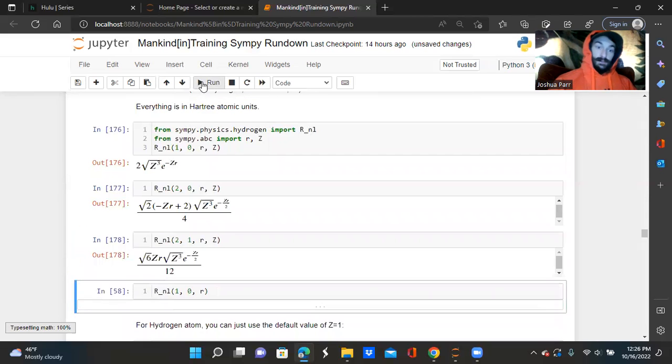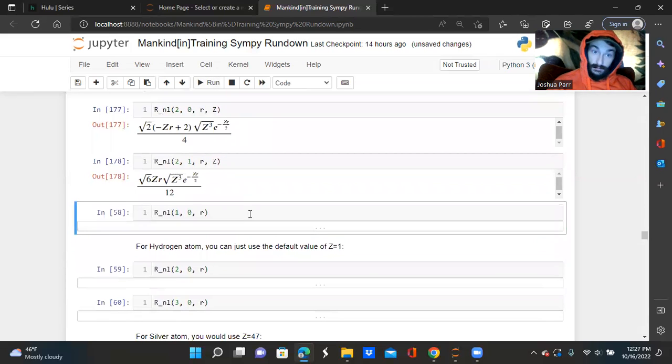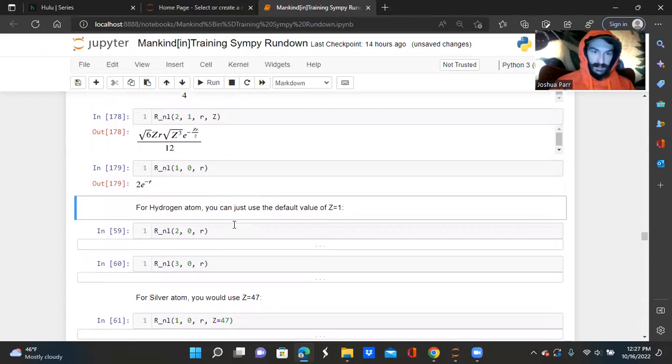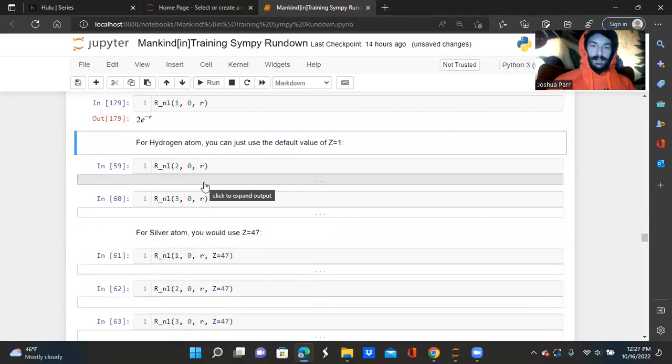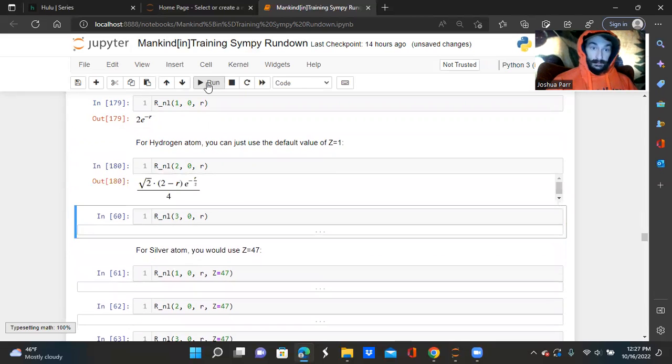If I want 2, 1 position, square root of 6 zr square root of z cubed e to the negative zr over 2 over 12. If I want the 1, 0 position of just r, you get 2e to the negative r. For the hydrogen atom, you can just use the default value of z equals 1, and you'll get these.